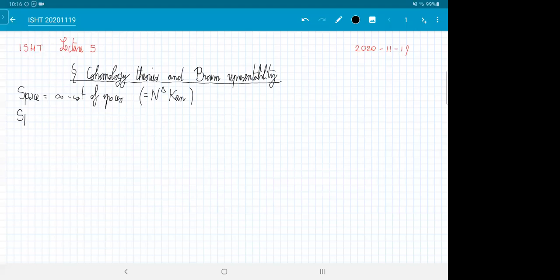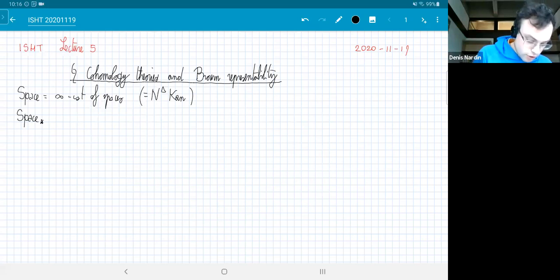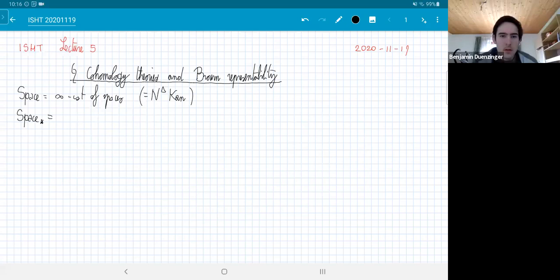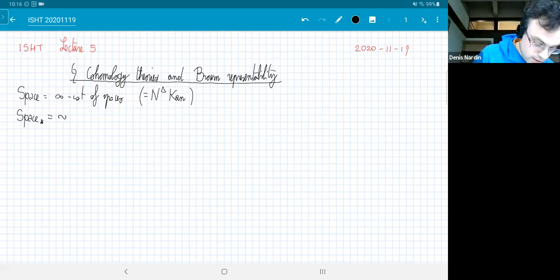The intuition you should have: objects are spaces, maps are continuous maps, homotopies are homotopies, and so on and so forth, as you expect. Sorry, when I say space, I mean space homotopy equivalent to CW complexes.